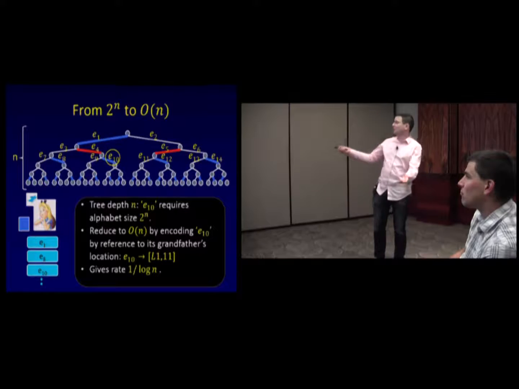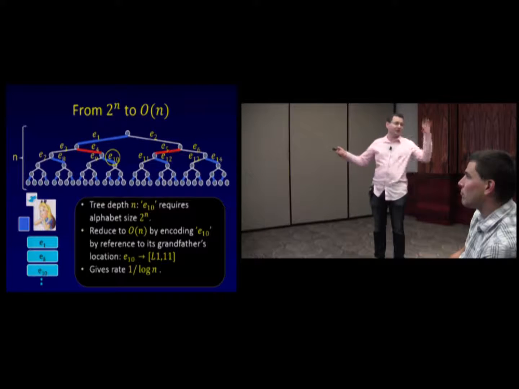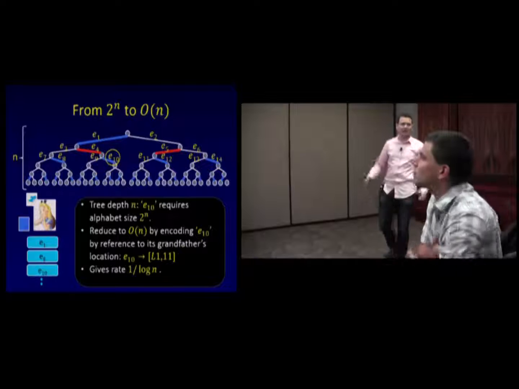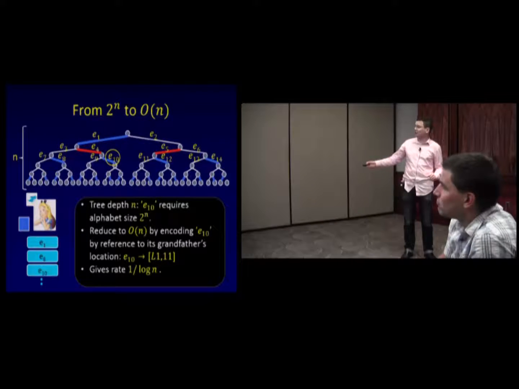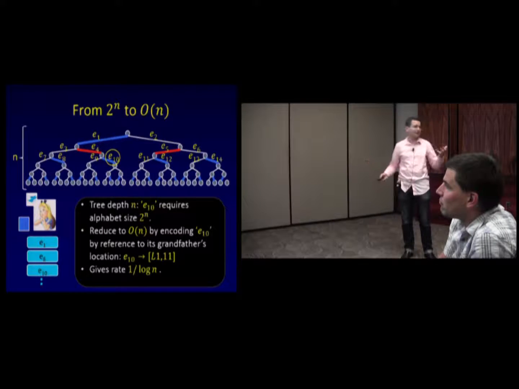So here's how you save. Before, we needed n bits to say E10. Can we say it in less? Because by the time you decode this point, you also have decoded the rest of the stream, there is a faster way to say E10. You can say it by reference. E10 is in the stream, it's its grandparent.